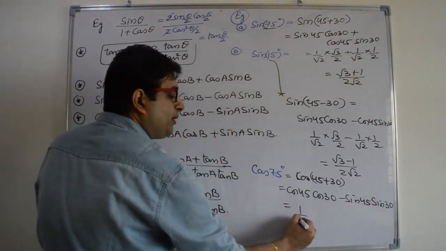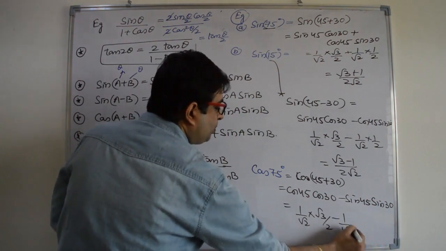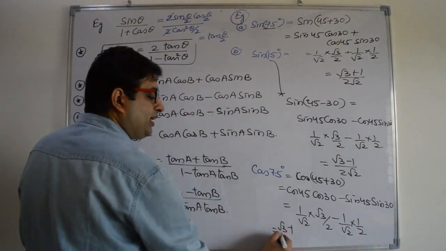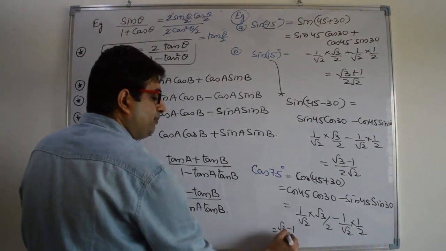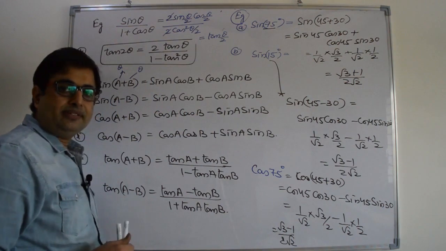So it is 1 by root 2 times root 3 by 2 minus 1 by root 2 times 1 by 2. So it is (root 3 minus 1) divided by 2 root 2. Got it?